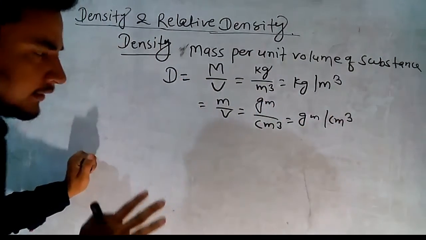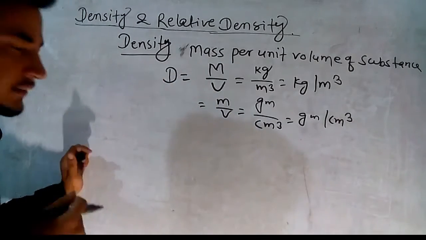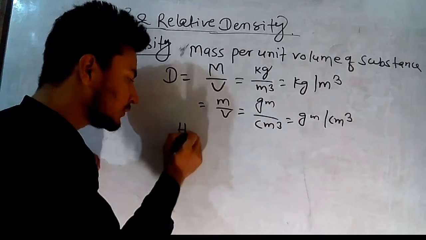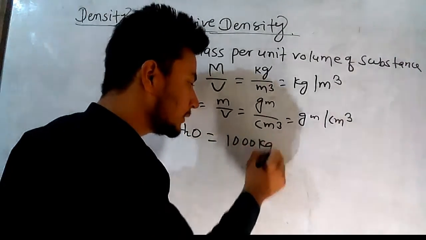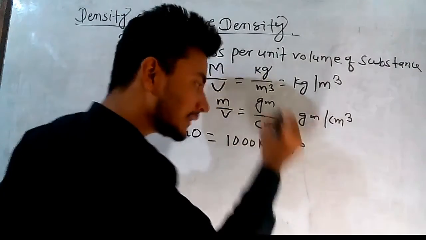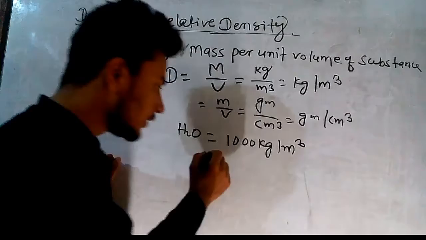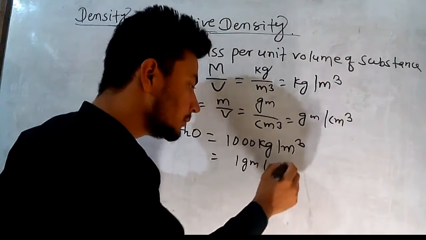For your general knowledge and for your numerical part, tell me the density of water. The density of H2O, that is water, is 1000 kg per meter cube in the SI system, but in the CGS system it is 1 gram per cm cube.